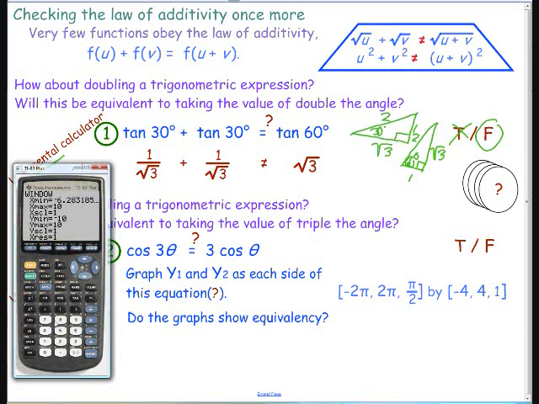And then 2 pi. And then we'll use pi divided by 2 for our tick marks. And then we'll go negative. Notice I'm using the correct negative. I do learn, at least in the short term. Nothing wrong with my short-term memory. Okay, so now we're going to graph, and we'll see what we get.